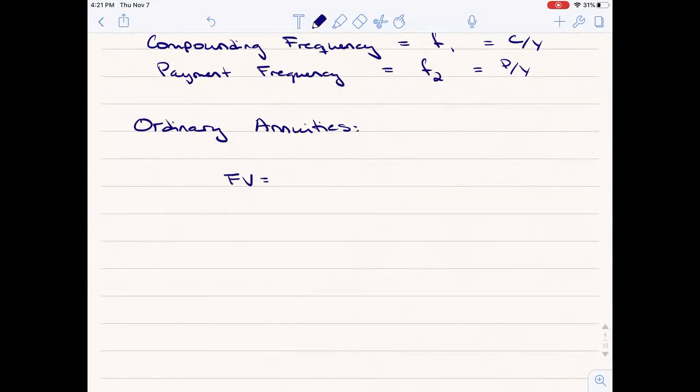We've got a future value formula. Just like before, I introduce the formula and then we'll talk about all the components. We'll do some examples solving for the future value, the present value, and then solve for N, solve for T, all those fun things. So we're going to do the same thing.